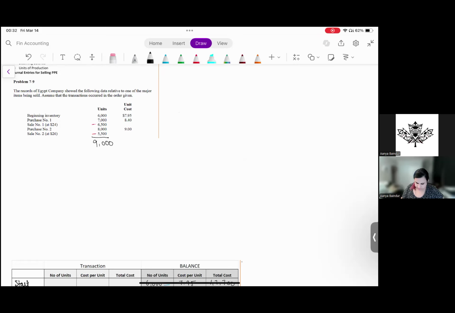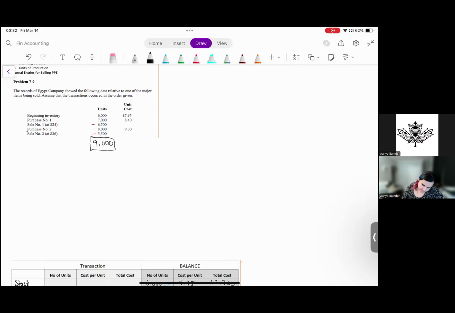Now, when you're finding the ending inventory value, this 9,000 will obviously be the newest 9,000 goods that we have. It means that we've sold off all the old stuff, so the only thing remaining in the inventory will be all the new stuff. So let's see how much of the new stuff is there.